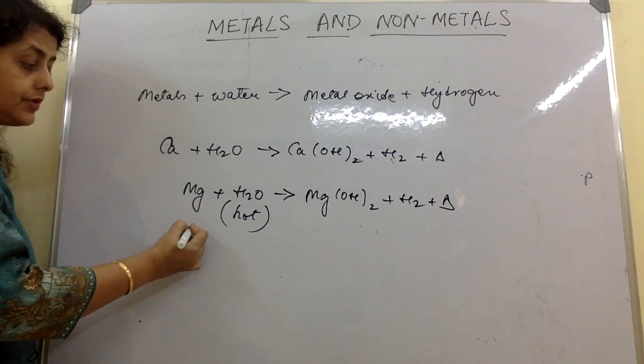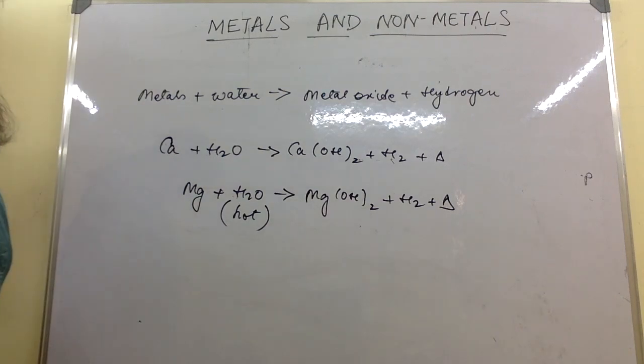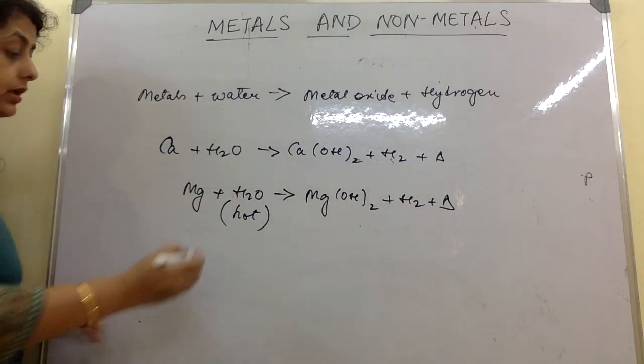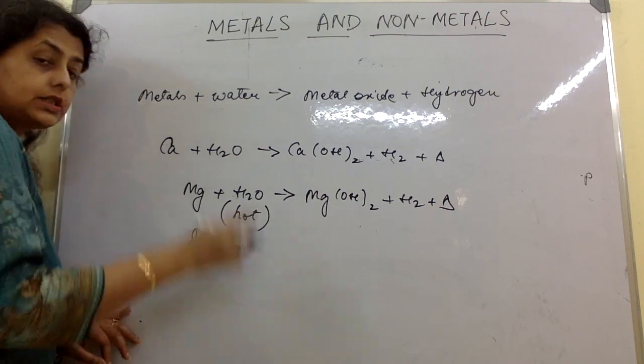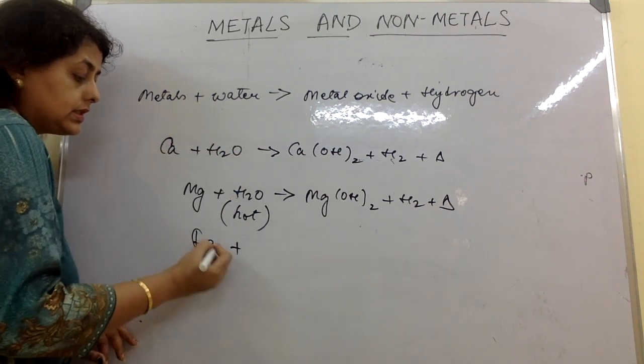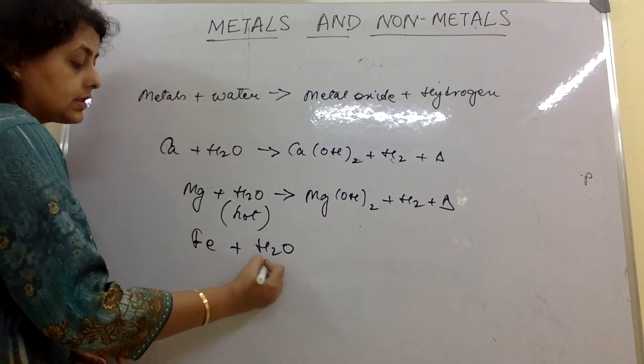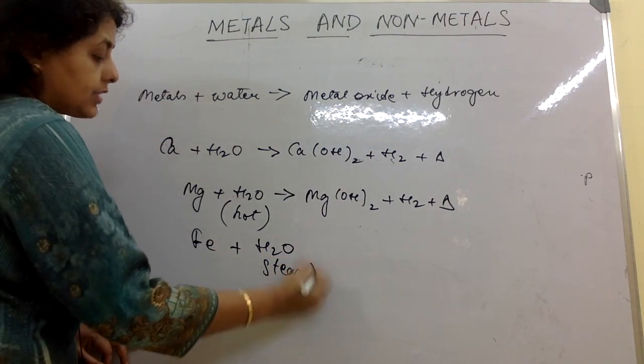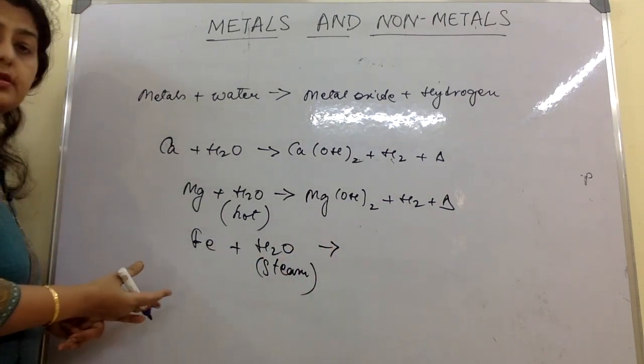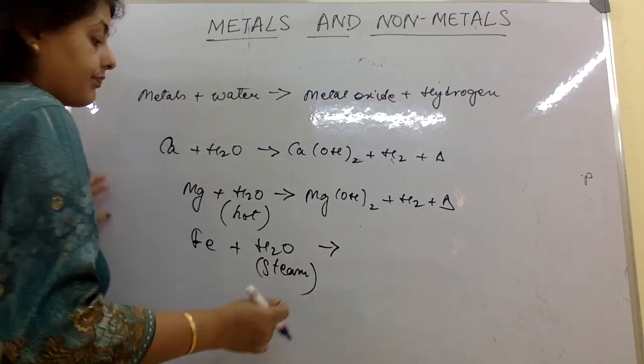Then we have iron. Now if we come down to iron, which is further down in the activity series, it reacts with steam, because steam is hotter than hot water.